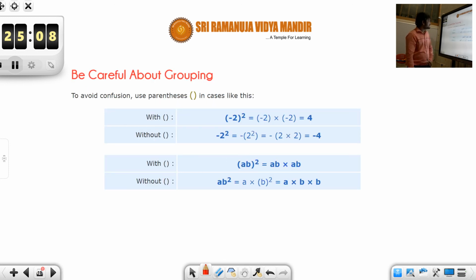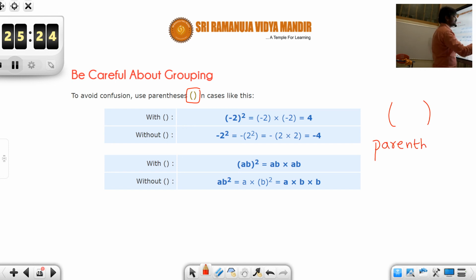Be careful about grouping. To avoid confusion, we'll be using a symbol called parenthesis. You might have observed these symbols on your laptop QWERTY keyboard as well. We'll call these parenthesis.